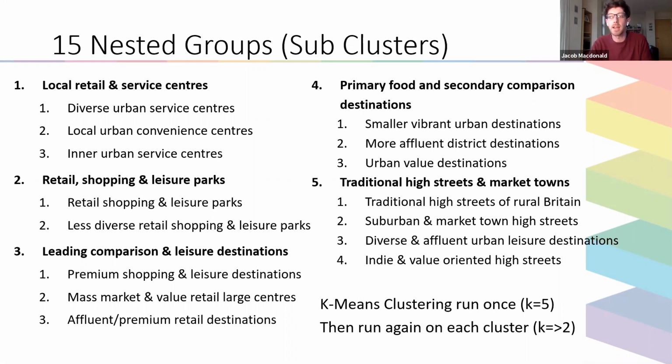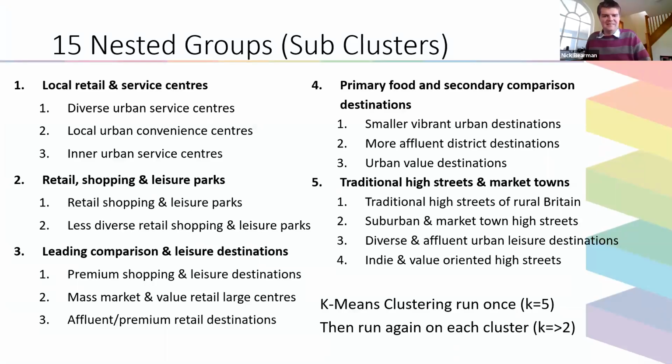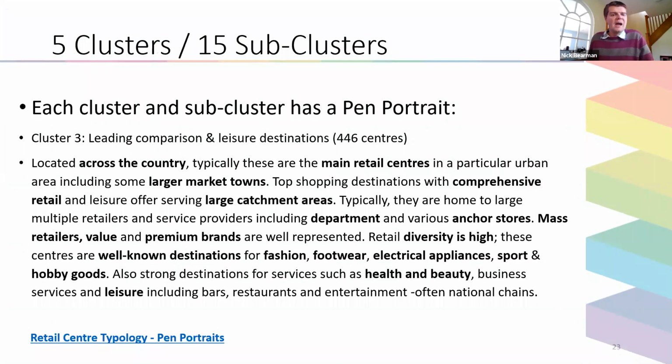But in practice, once you select your best models, you would run the first cluster, the grand cluster, and then you would run the iterative subclustering underneath, exactly. Great, excellent. Okay, thanks. And each of these has a pen portrait as well.